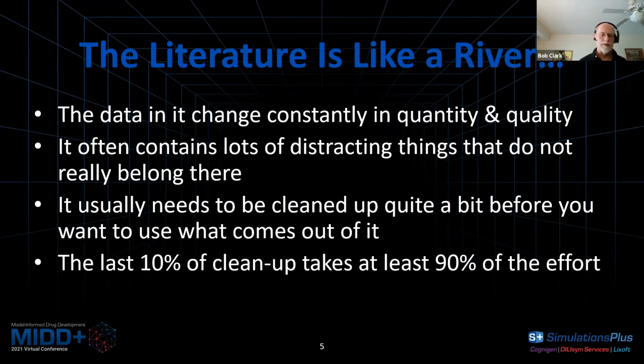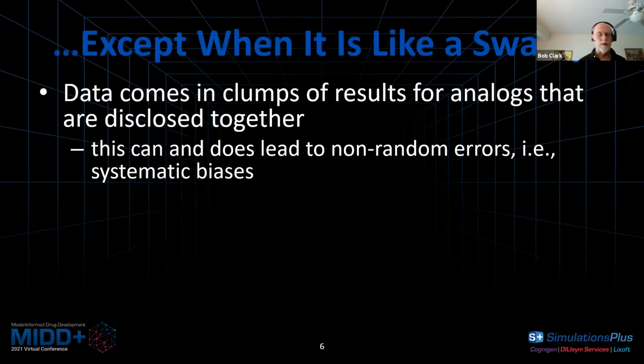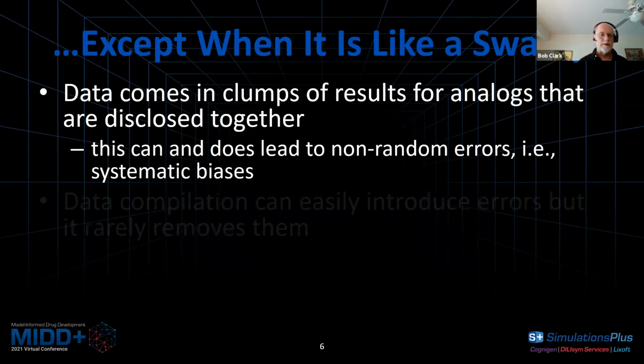Now, this is all you have to worry about if you're lucky in your choice of endpoint. If you're not lucky in your choice of endpoint, then the literature also can look an awful lot like a swamp. I say that because instead of being a nice even flow, even distribution of data, it often comes in big clumps of results for analogs that have been disclosed together, all in a single paper. And this can and does lead to non-random errors, i.e. systematic biases.